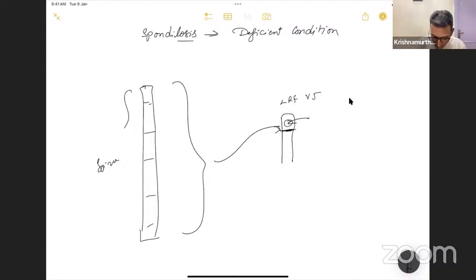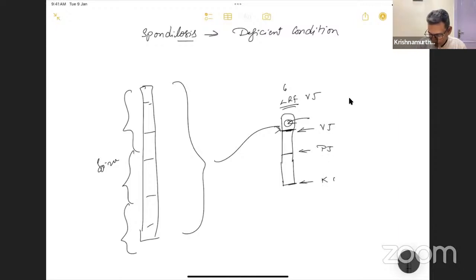So what I can do is, if I split the spine into 3, I can treat it at 3 joints. So Vat joint, this is the left ring finger, finger number 6. This is the Pit joint, and this is the Cuff joint.